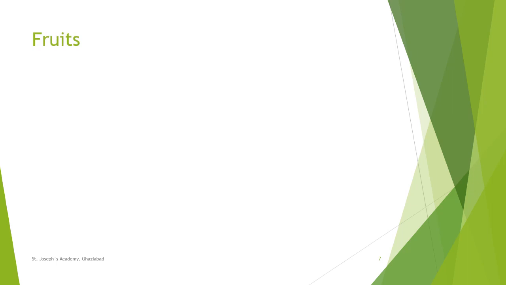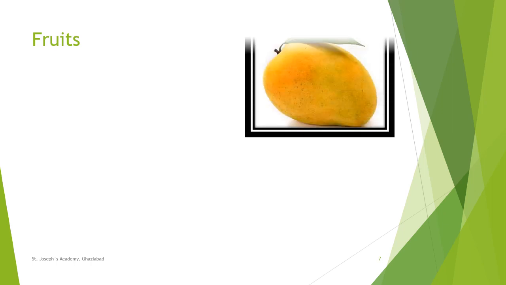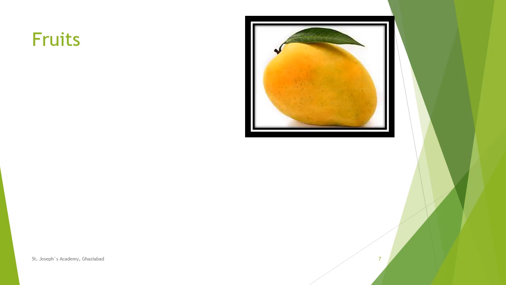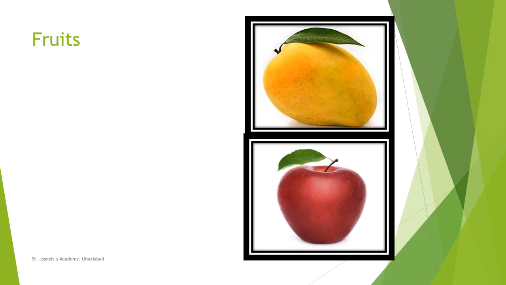Next is fruits. You all must be loving to eat fruits. Some may be fond of mango or some may be fond of apple. What are fruits? Fruits are the juicy parts of the plants. Why juicy?